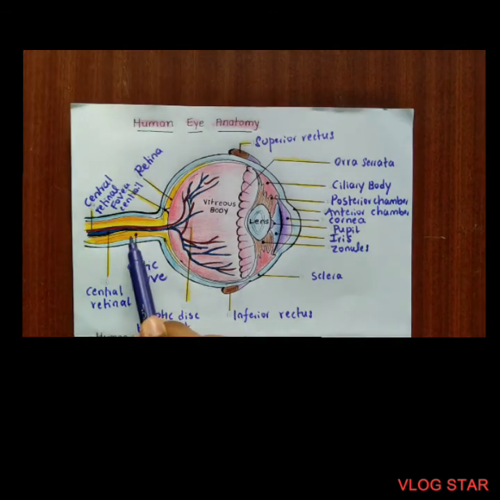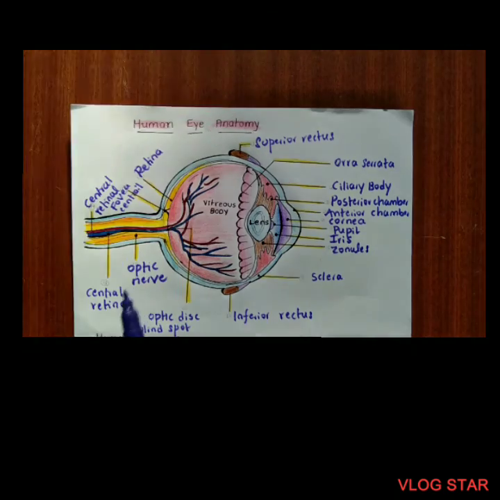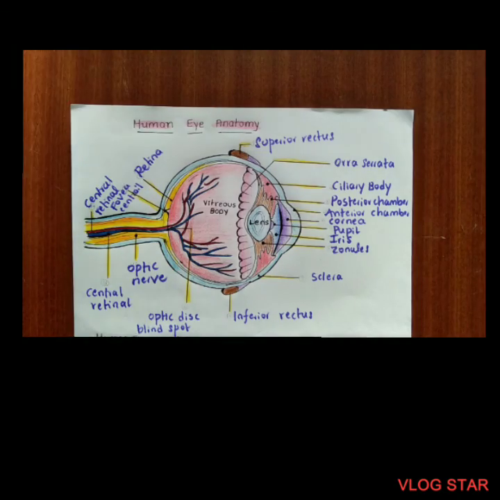And optic nerve, this part we call optic nerve. Optic nerve transmits sensory information for vision in the form of electrical impulses from the eye to the brain.